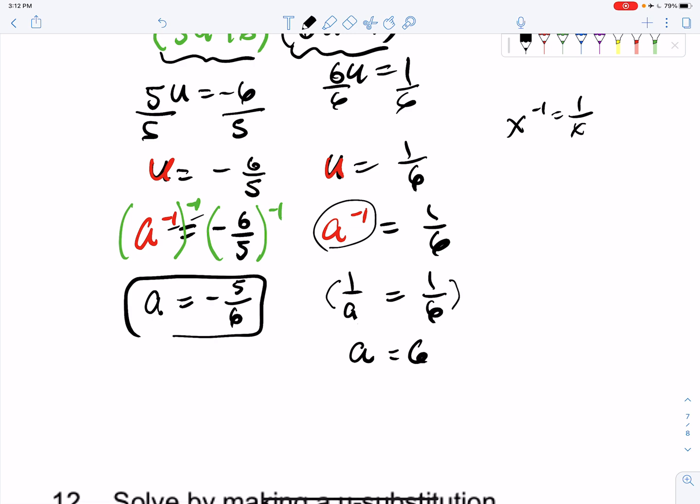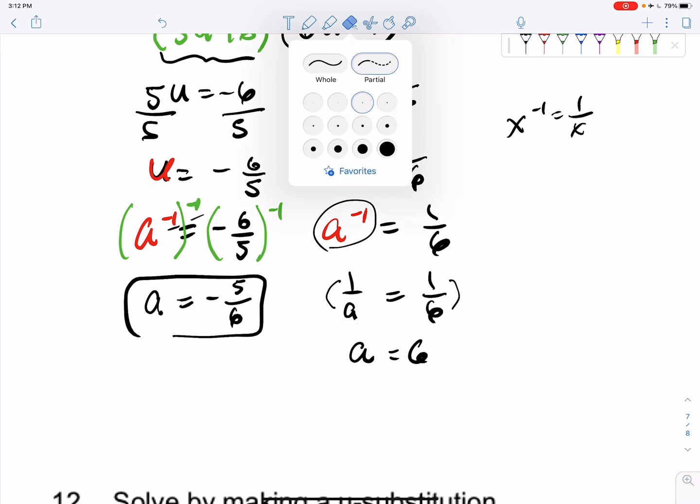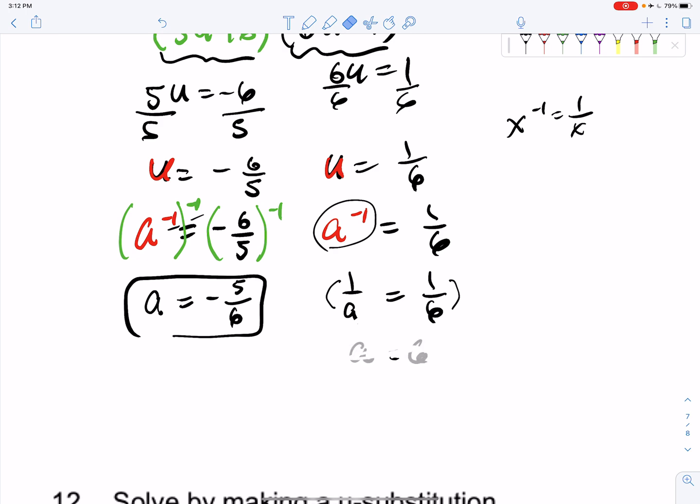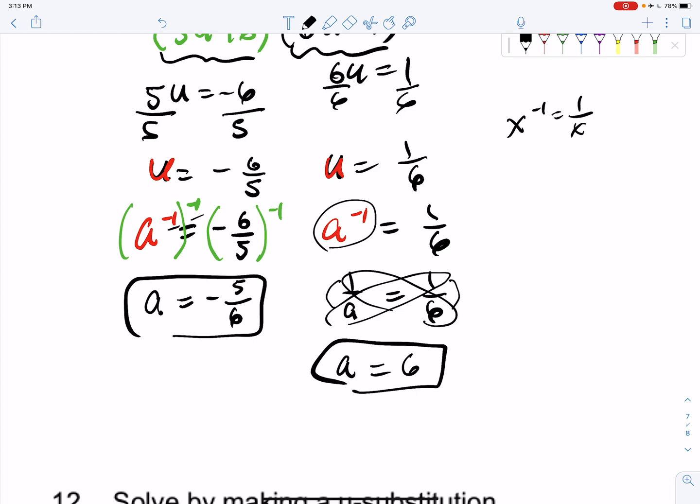But sometimes those little tricks can really frustrate students. So I'm just showing you some shortcuts that do work. You could go back to a times 1 is a, and 6 times 1 is 6. And there you go. We've got the same thing that we got before. So I was just trying to show you there's multiple ways of finishing out that problem. So we get a equals negative 5/6, and a equals 6.